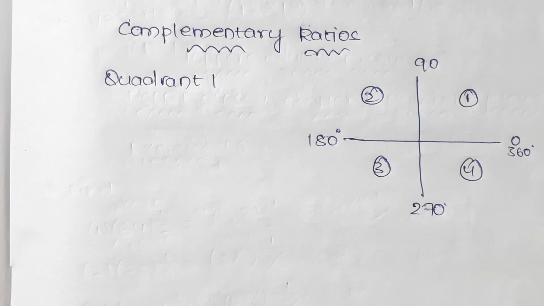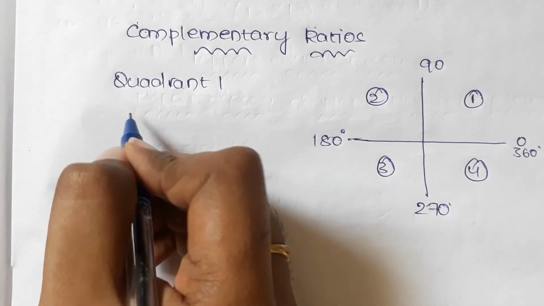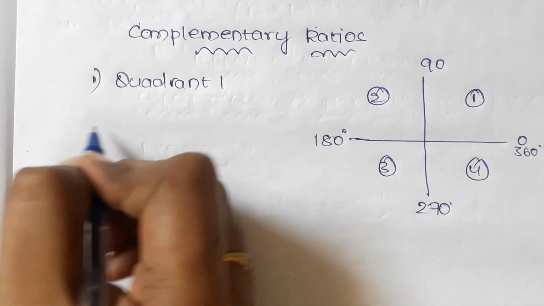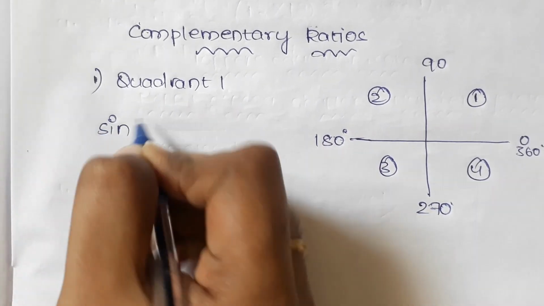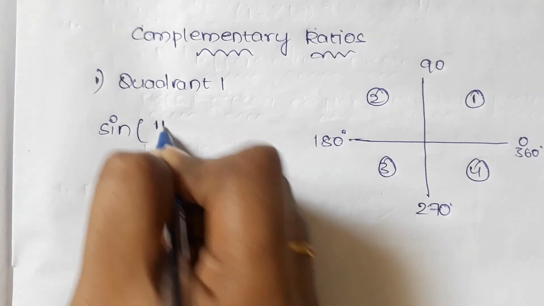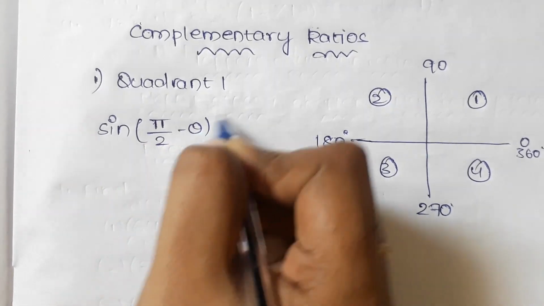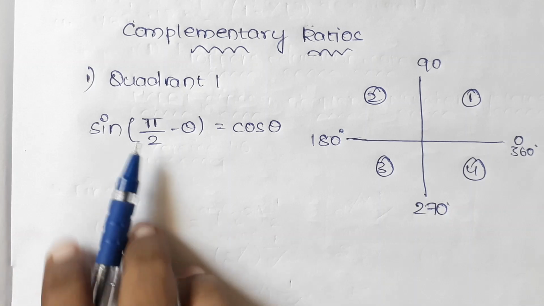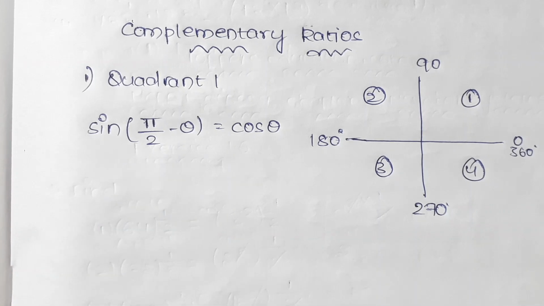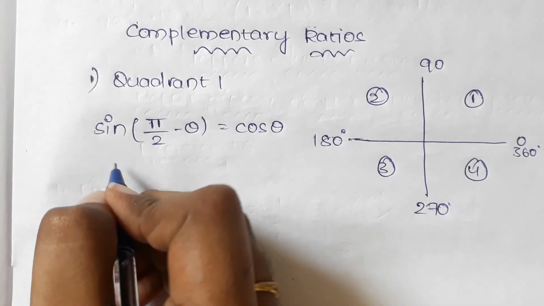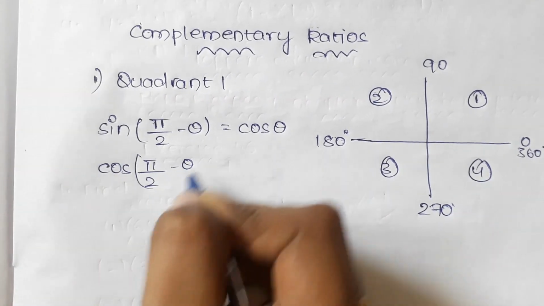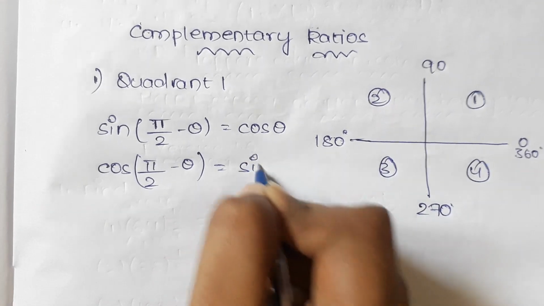Now in the first quadrant, the formulas for trigonometric ratios are: sin of pi by 2 minus theta is cos theta. Pi is 180 degrees, and pi by 2 is 90. Similarly, cos of pi by 2 minus theta is sin theta.